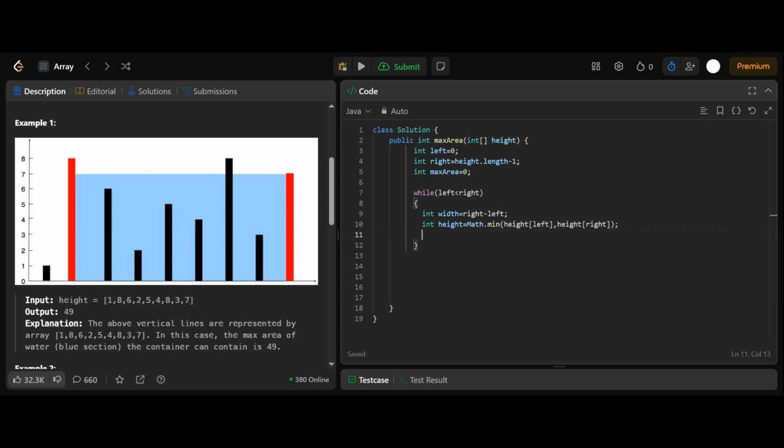Next, we're going to find the area. The area is nothing but width into height. Now we'll find the maximum area. The maximum area will be area or else the max area itself.